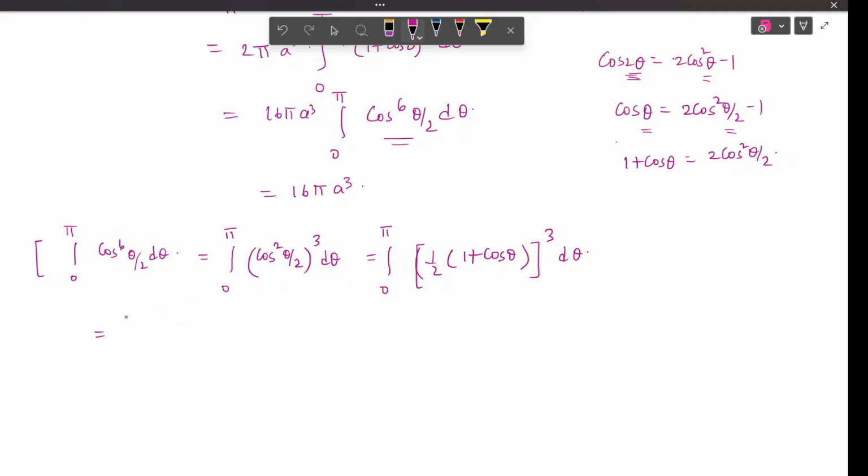So this is (a plus b) cube, and half cube will come outside, so it will be 1 by 8. Now this is 0 to pi, (a plus b) cube, a cube plus 3 a square b. So 1 square is 1, b, that is cos theta, plus 3 a b square, so 3 cos square theta, plus b cube, cos cube theta d theta.